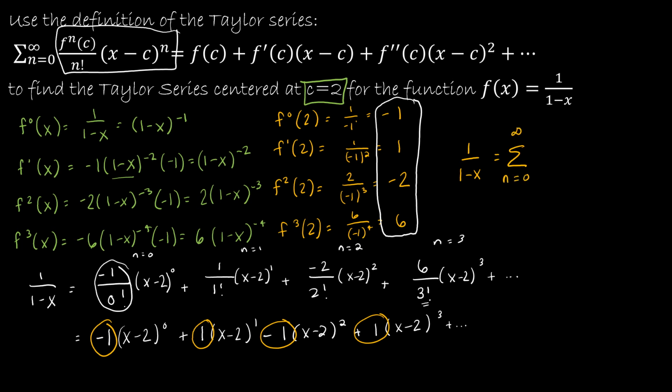The summation as n goes from 0 to infinity of negative 1 to the, not n, because if I used n, then the first value would end up being positive. So this is n plus 1 times x minus 2 to the n. And that should give me the correct value.